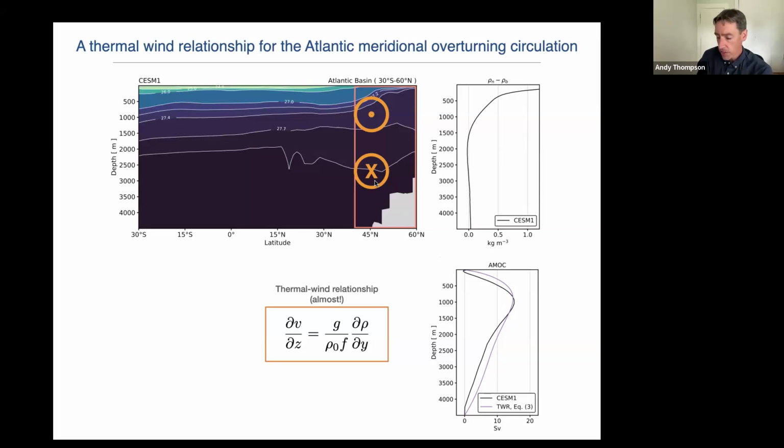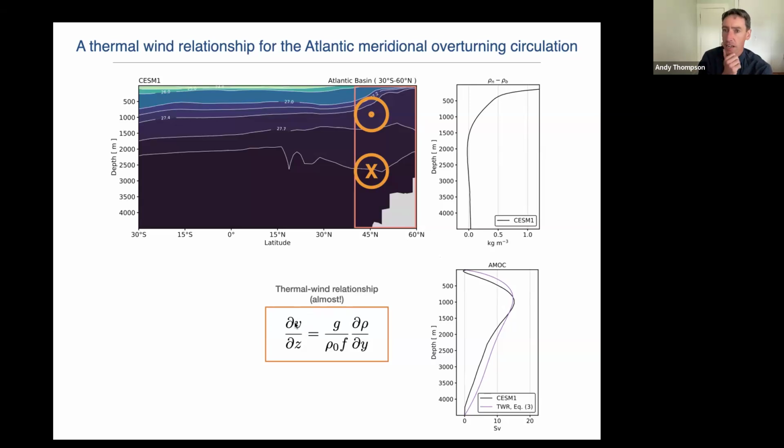Now, one thing that is sort of a remarkable feature of the AMOC is that this thermal wind relationship does seem to work very well if you use the meridional and north-south velocities here that we typically associate with the overturning stream function.